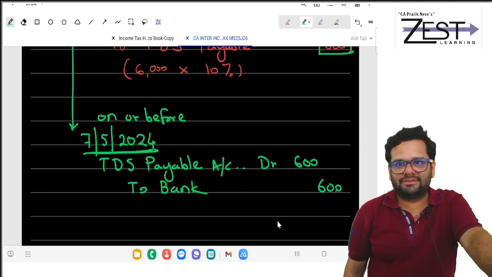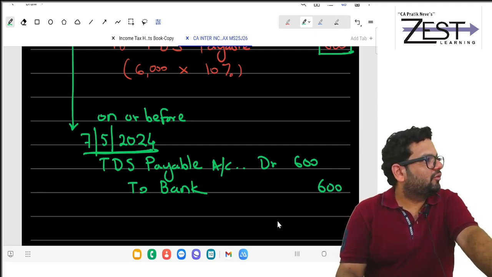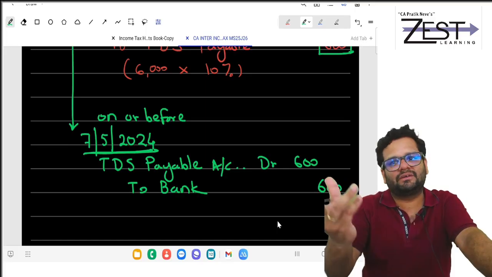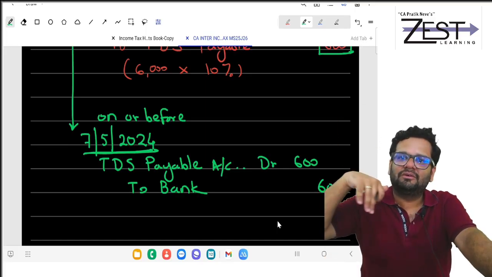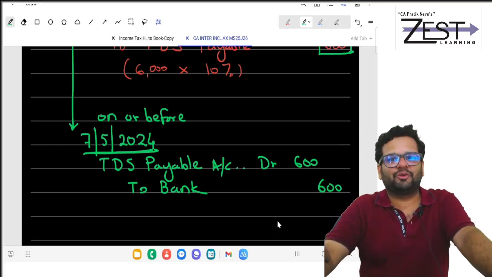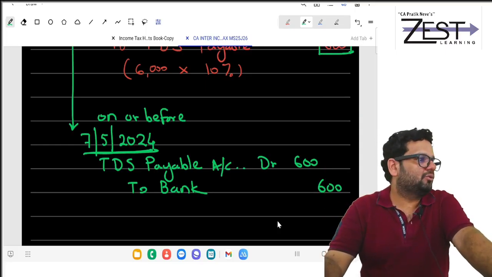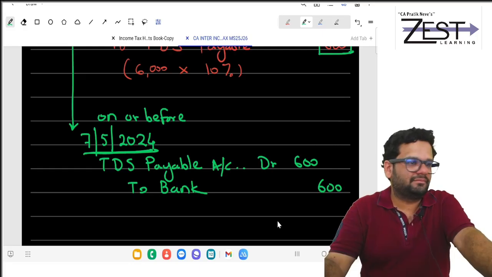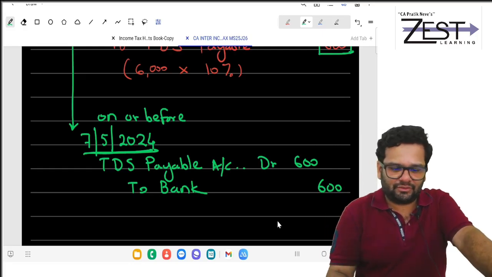And of course, how much is payable to Mr. X? 5,400. So Mr. X account debit to bank. I'm not showing you that entry. When that happened, I don't know. That can happen anytime. This way the transaction is settled.